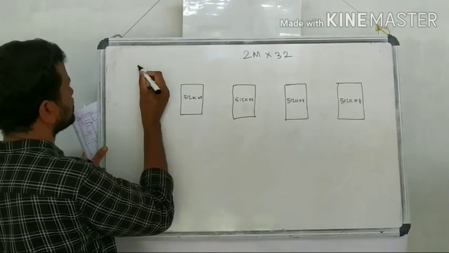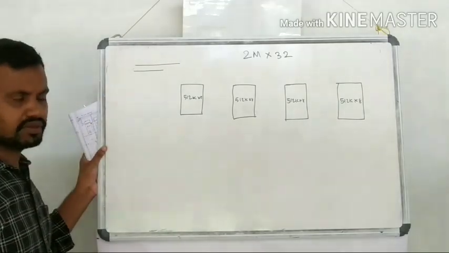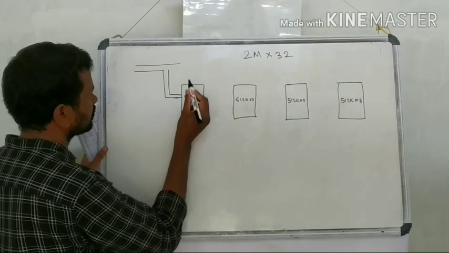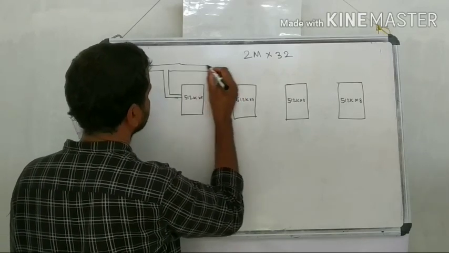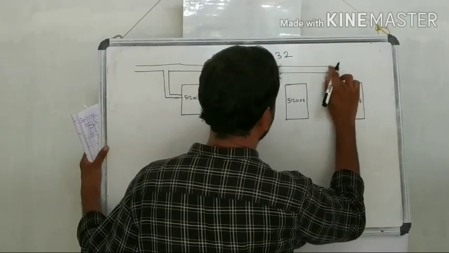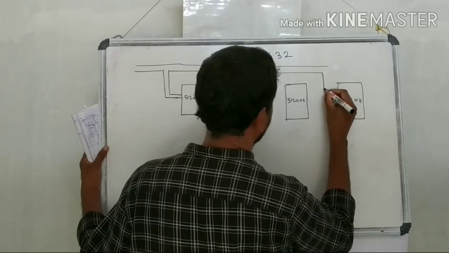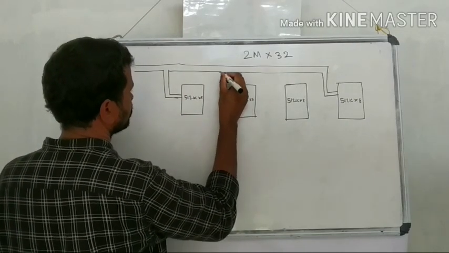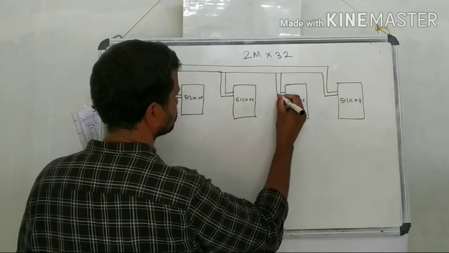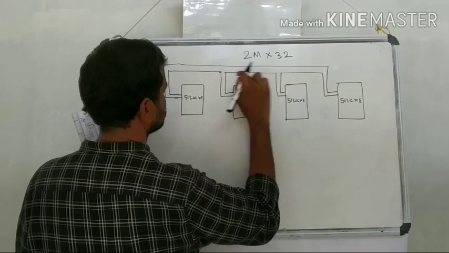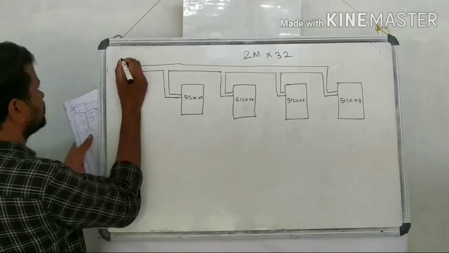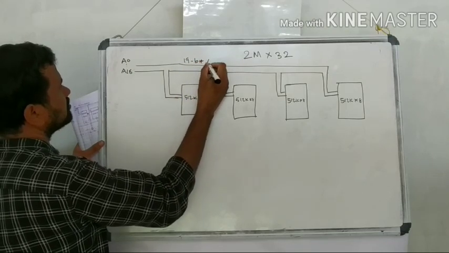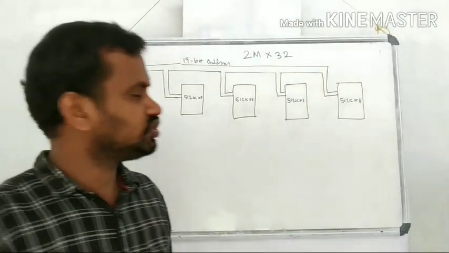So this is our 19 bit address, A0 to A18, and this 19 bit address is given to all the memory chips.